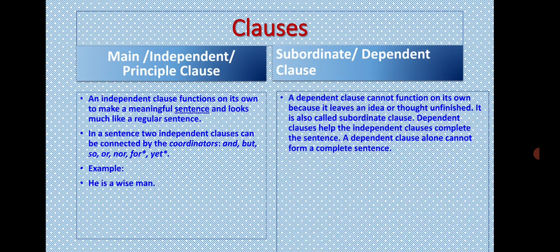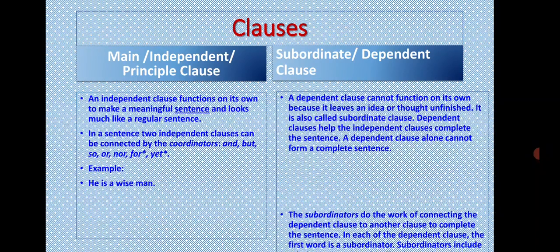A dependent clause cannot function on its own because it leaves an idea or thought unfinished. It is also called a subordinate clause. Dependent clauses help the independent clauses complete the sentence. A dependent clause alone cannot form a complete sentence.